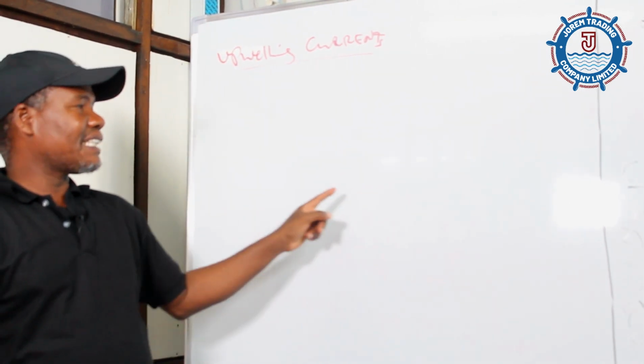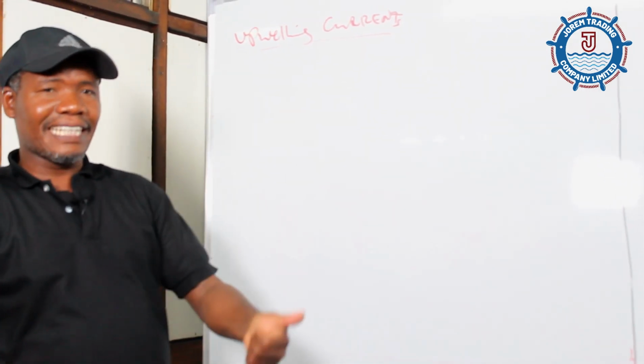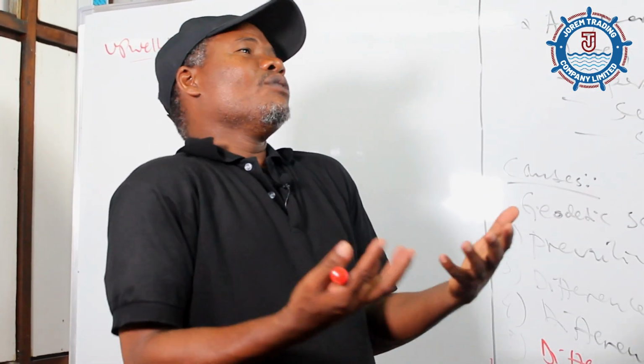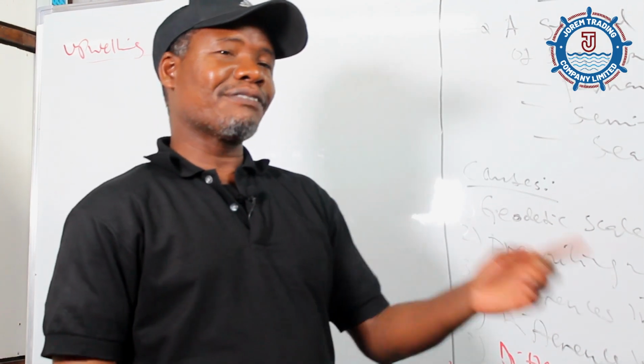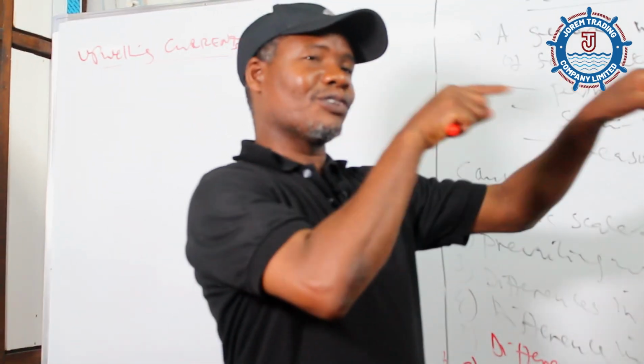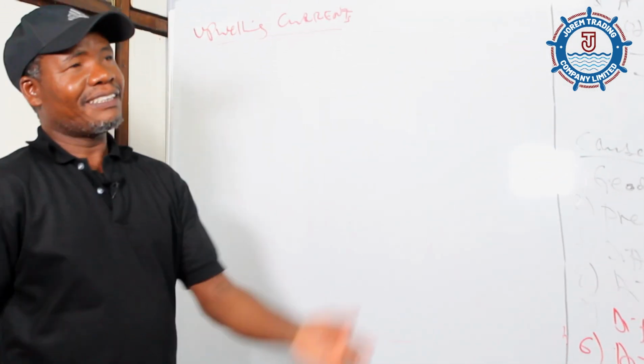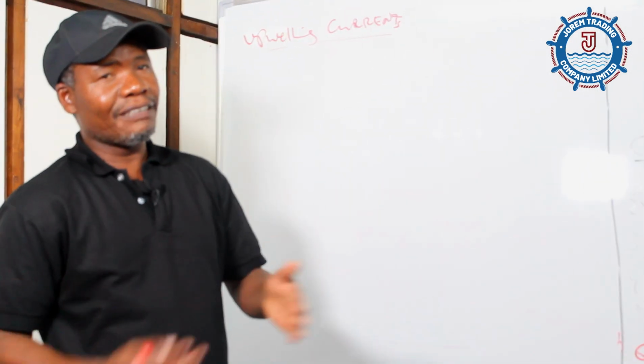So an adverse current, an opposing current, may lead to delays sometimes. If you lose 2 knots in every 1 hour, in 24 hours, how much is that? In 1 week, in 2 weeks, if it's a long voyage.